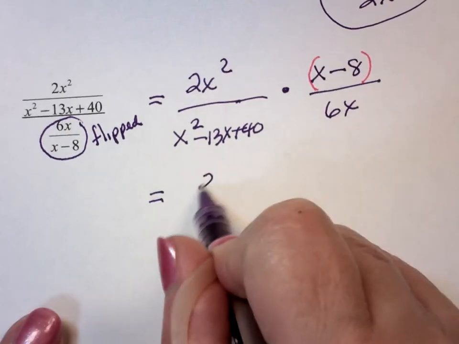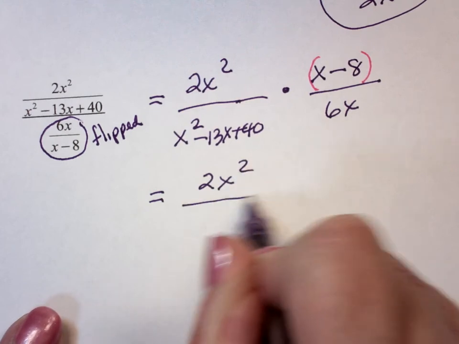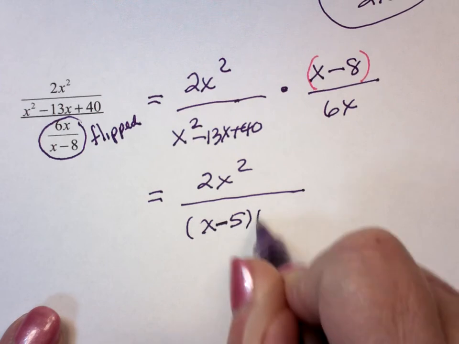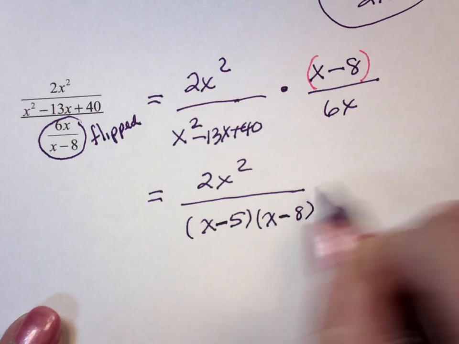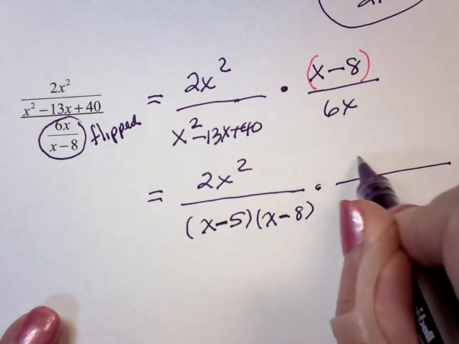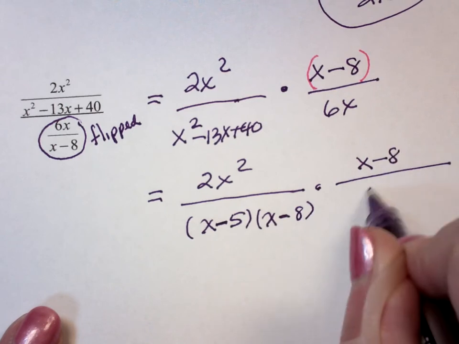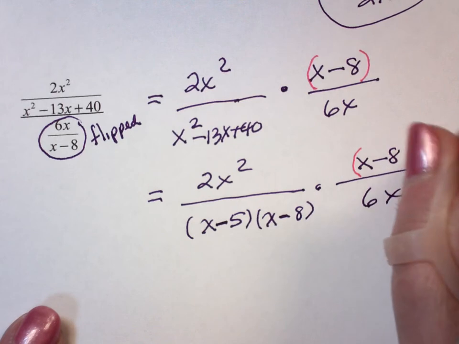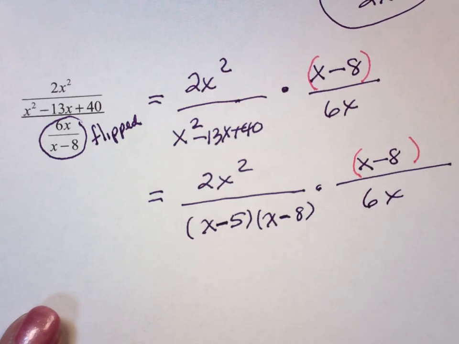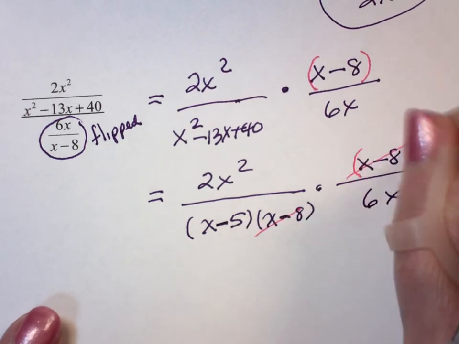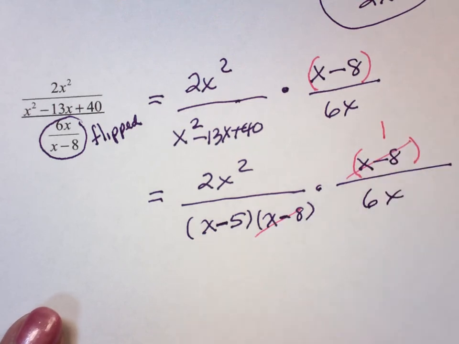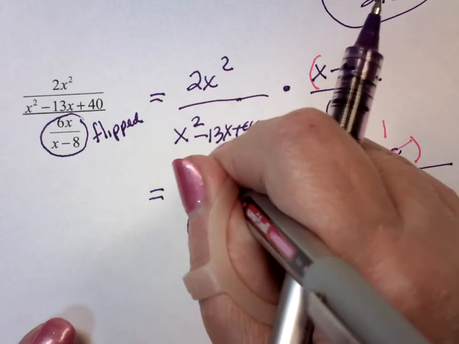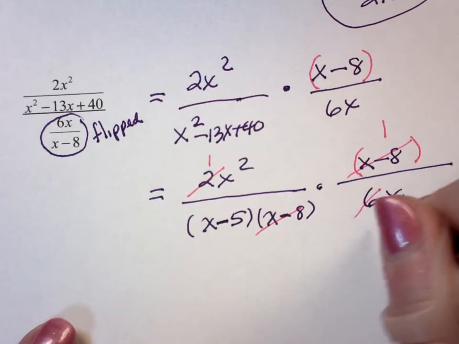This gives me a 2x squared. The denominator factors into x minus 5, x minus 8, times x minus 8 over 6x, reminding myself that that's a set of parentheses. The x minus 8's reduce out. That leaves me with a 1. 2 divides 2 once, divides 6 3 times.